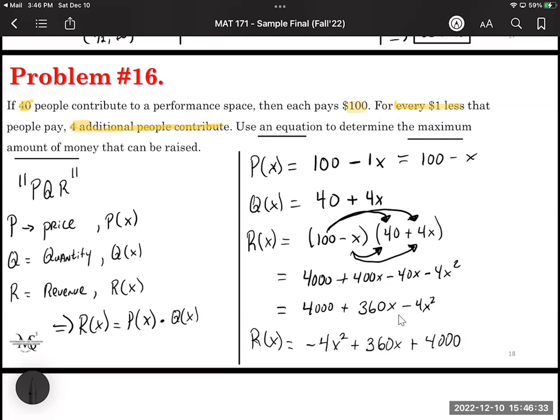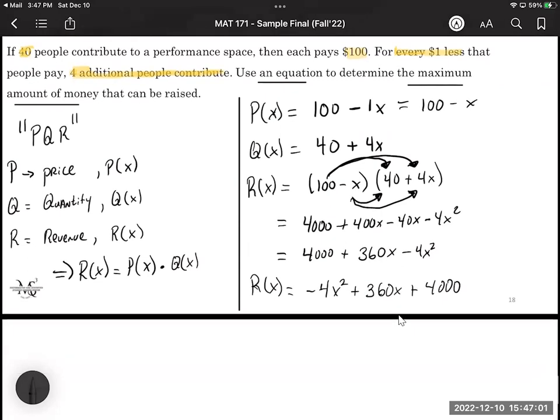If I deal with a parabola that's opening down, then the maximum is located where? At what point? The highest point. And how do you find that highest point? Look, a was equal to -4, so that implies that the parabola is opening downward. So the max is at the highest point, which is the vertex.